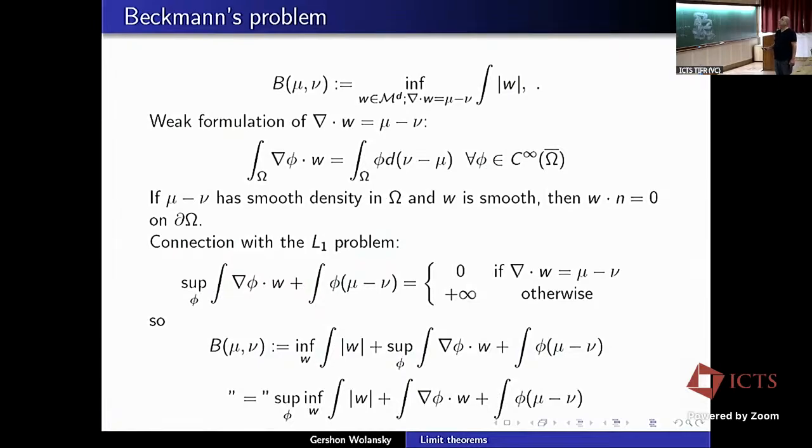In particular, it means that if it so happens that W is smooth, then this is a vector field with classical divergence zero, and also it is zero on the boundary. The direction at the boundary is parallel to the boundary. It doesn't penetrate the boundary of omega.